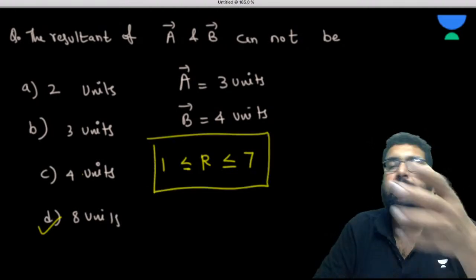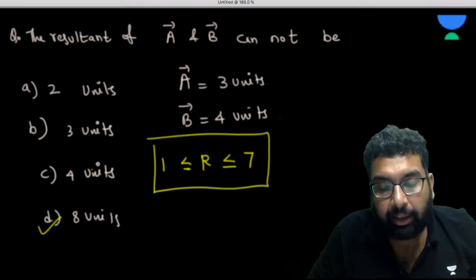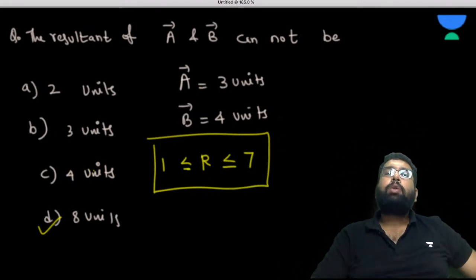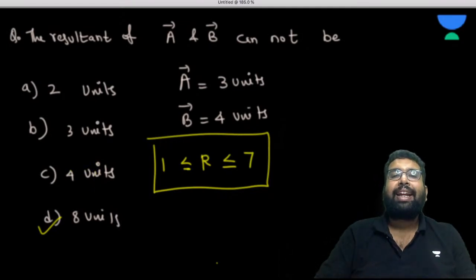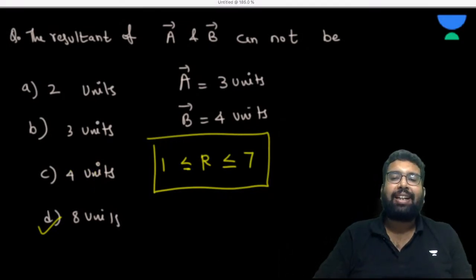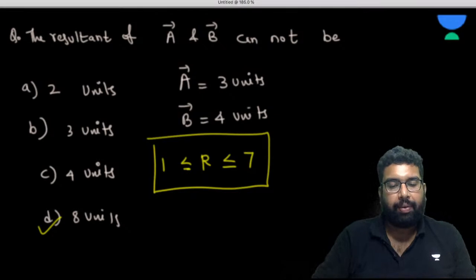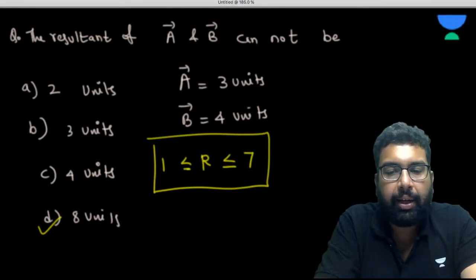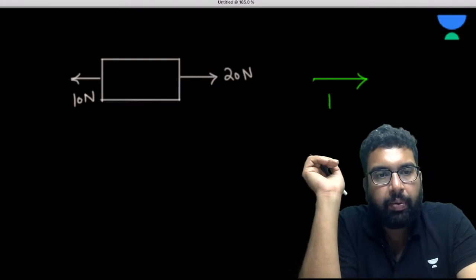Very easy, no? And this kind of question is asked in abundance. So 8 is outside this range, so it can never be 8. I hope this is fine to you.